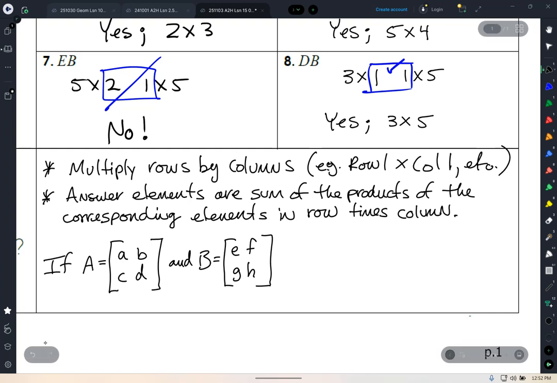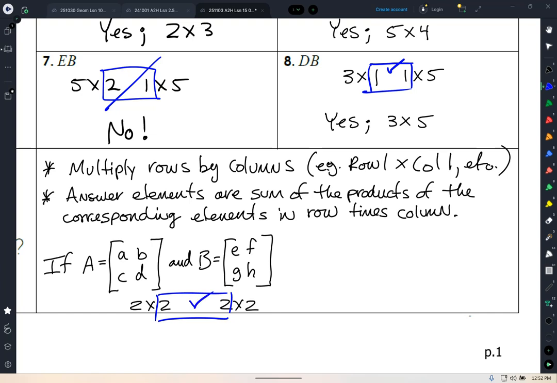Then the first question is can we multiply these two matrices? Yeah, because we have a 2 by 2 and a 2 by 2. We can check our columns versus rows, good to go, and that's going to leave us with an answer matrix of a 2 by 2. Everybody good with that? Yeah.